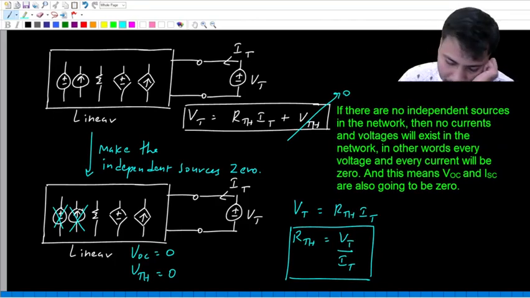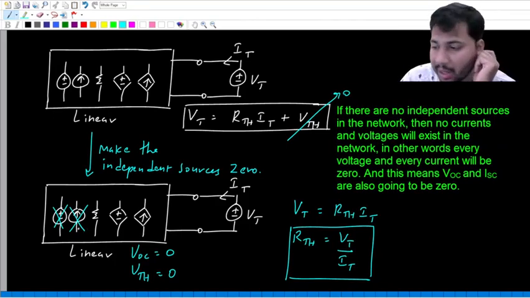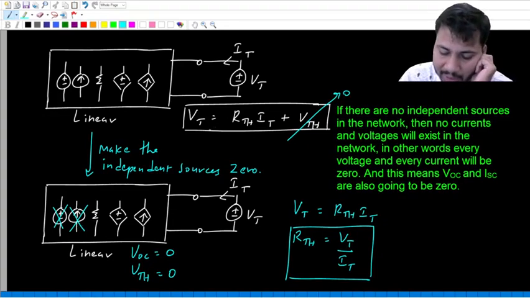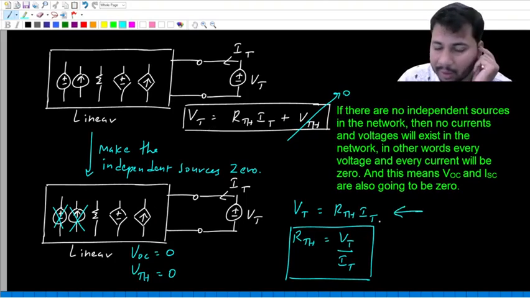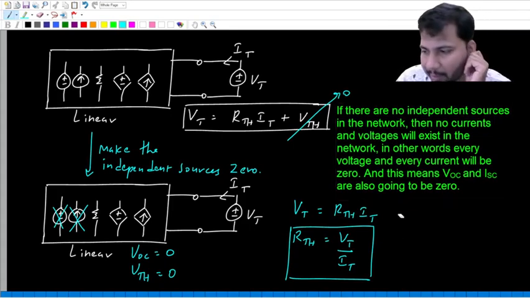Here we deliberately made all the independent sources inside the box 0, so that the Thevenin voltage becomes 0. Then the relation between Vt and It becomes Vt equal to Rth times It, so Rth is Vt by It.